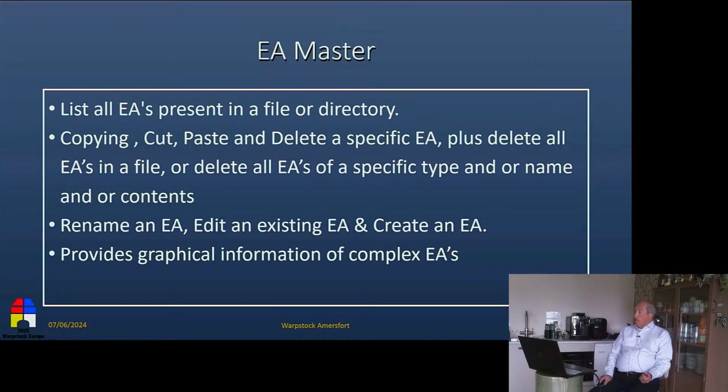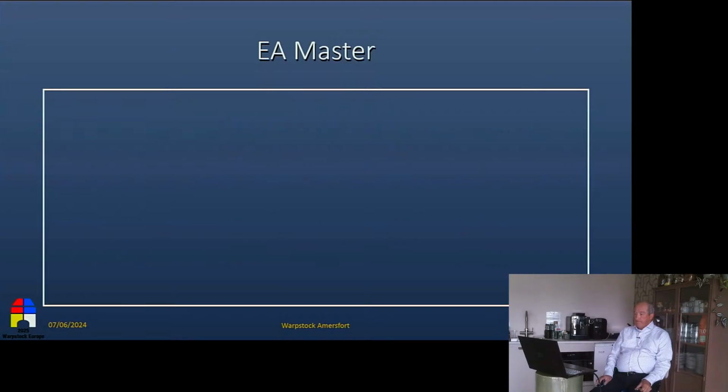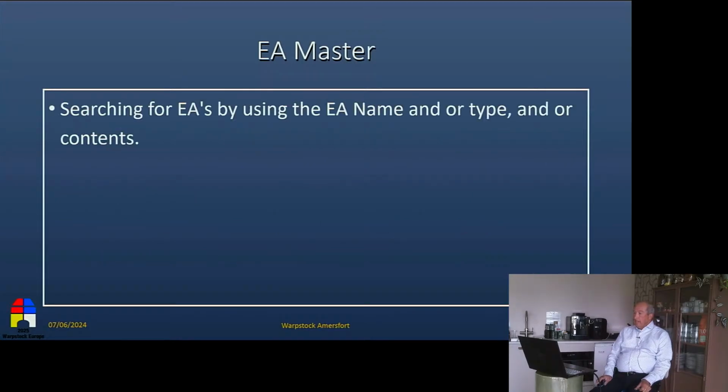Complex EAs in this program are shown in graphical information, which makes it a lot easier to understand because, well, we are graphically oriented people. You can search for a particular EA, either on name, type, or even contents, or combinations thereof.